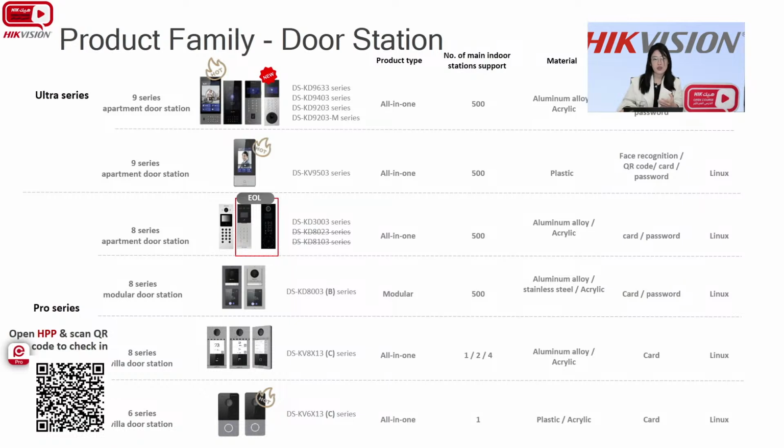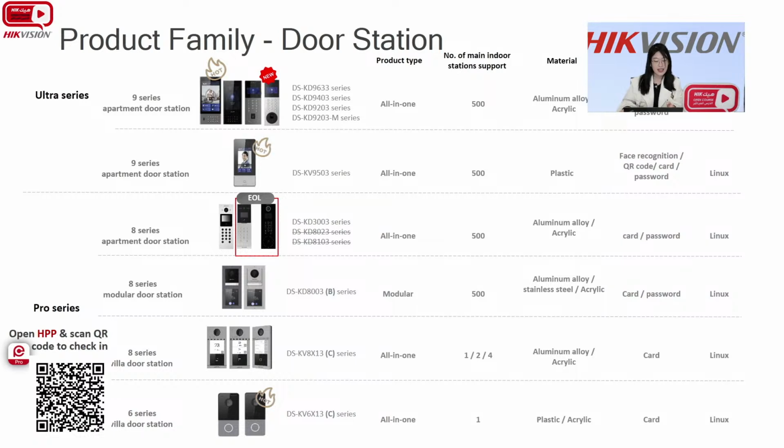That means this one is built with metal material. By these material selections, you will find the dash M, which means we are using aluminum alloy as the material for the design. And the authentication ways include multiple: face, fingerprint, card, and password.